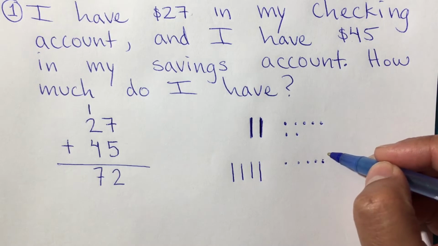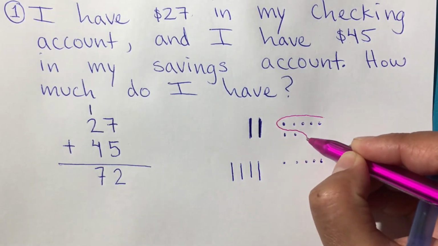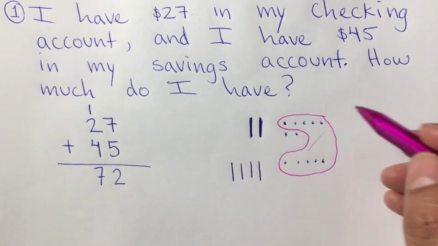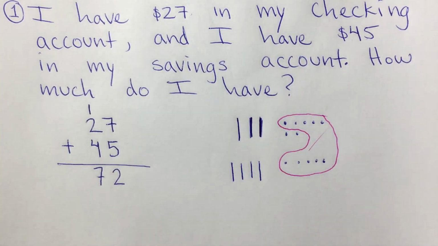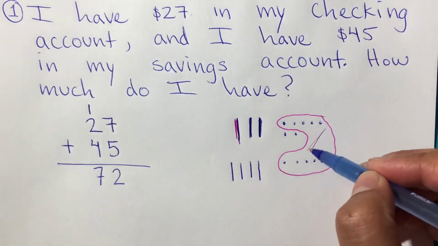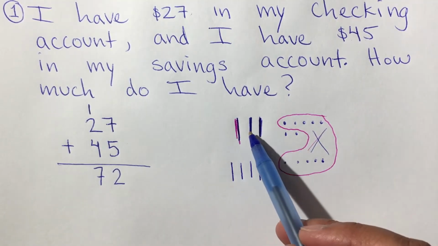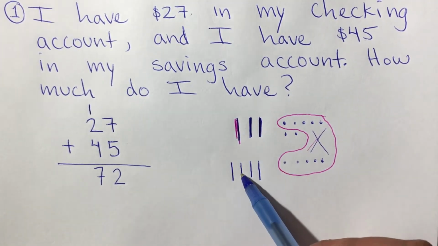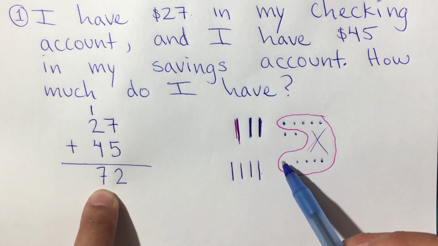In here, when we have 10 ones, it's represented by the little stick. So I'm going to get 10 from here. So these 5 and these 5 become another 10. So I put it over here. And now these are regrouped in here. So basically now we have 1, 2, 3, 4, 5, 6, 7 tens and 2 ones.